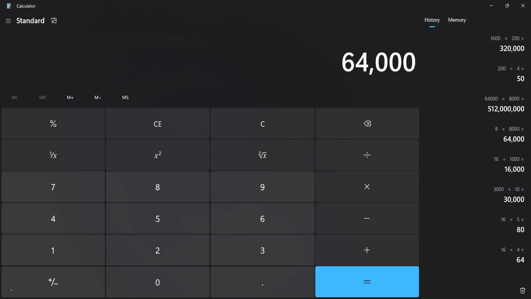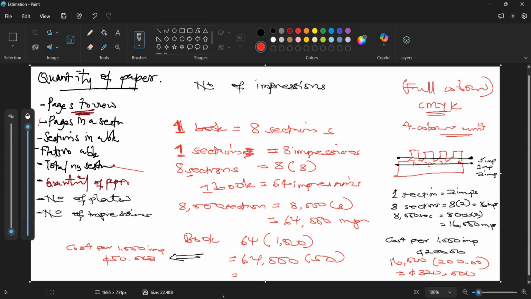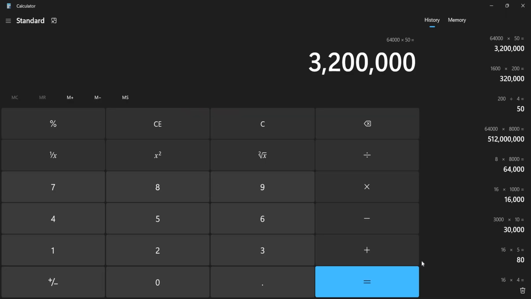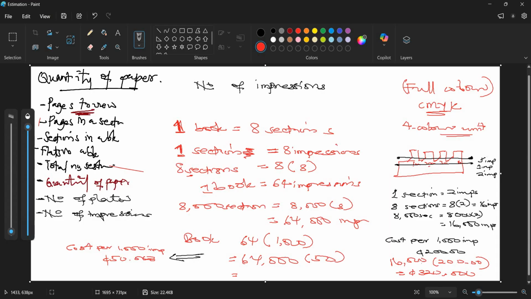Oh boy, I think I missed the number here. It's supposed to be 16,000, yes, by 200 cedis. It's not 320,000, it's 3,200,000 Ghana cedis. So now we can see the difference between the two.